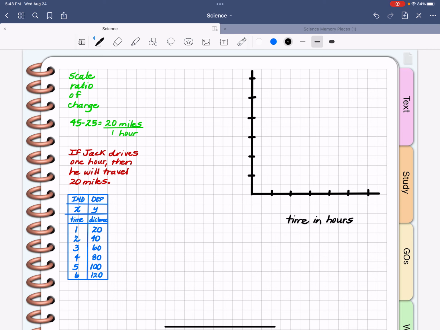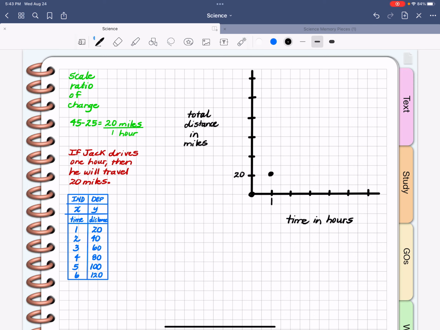And then Y is the total distance in miles. So if Jack drives 0 hours, he will travel 0 miles. If he travels 1 hour, he will travel 20 miles.